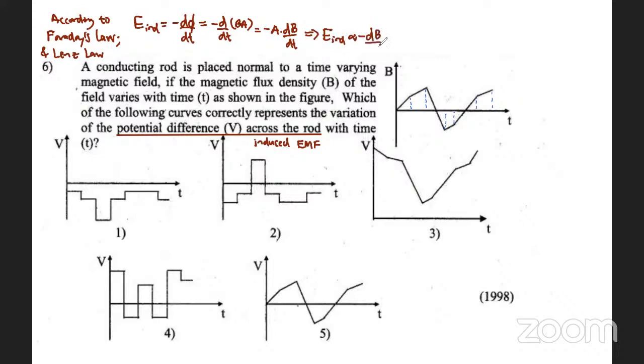Okay, so from this graph they have given me the B versus T graph. This is like the displacement time graph. From this graph, people, I can find out the dB over dt graph, which is like the velocity time graph. So what will be the shape of the dB over dt graph? That is not the final answer though, careful.